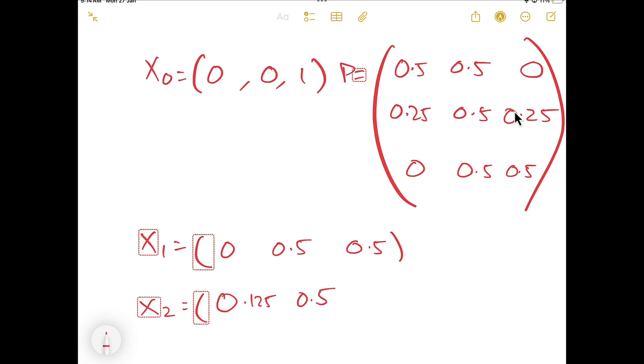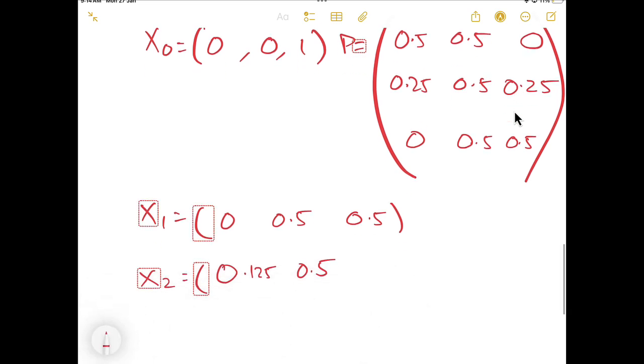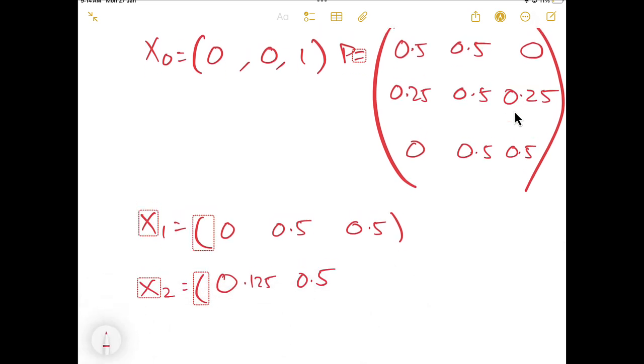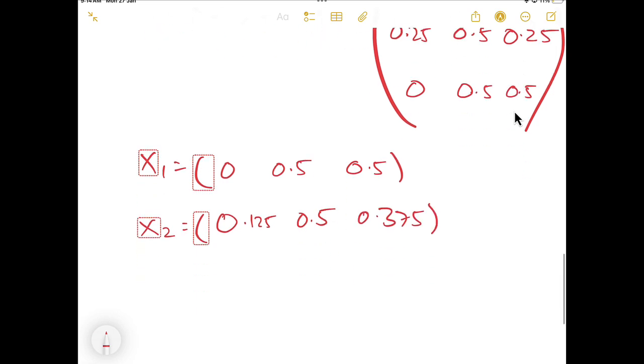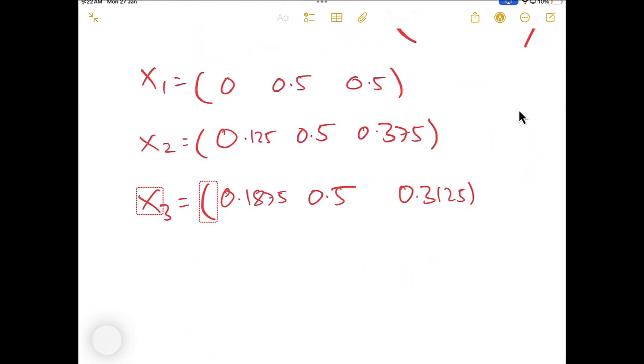And finally you have 0.5 times 0.25 plus 0.5 times 0.5, so 0.25 plus 0.125, 0.375, right? And then your x3 will be equal to, so this will be your x3.